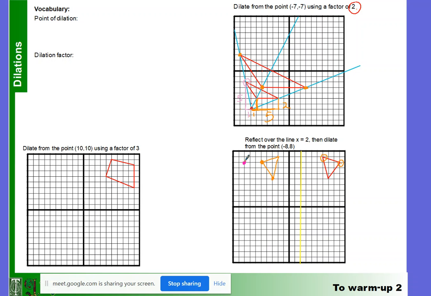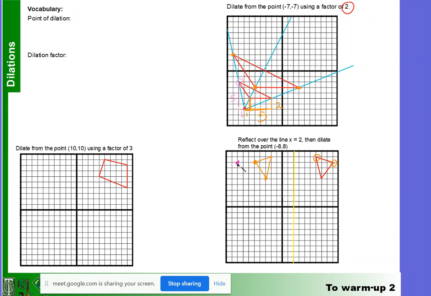All right. So I'm going to make my straight lines. Now, I'm not being as careful as I was on the other one, so I might be a little bit off, but that's okay. All right. So now what?